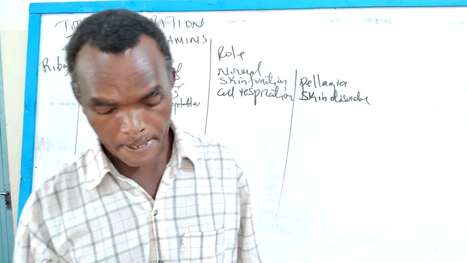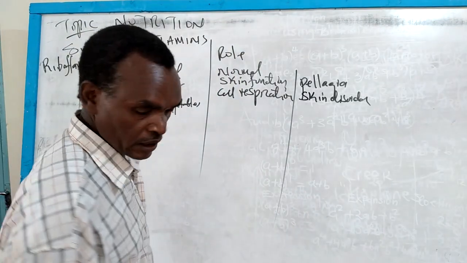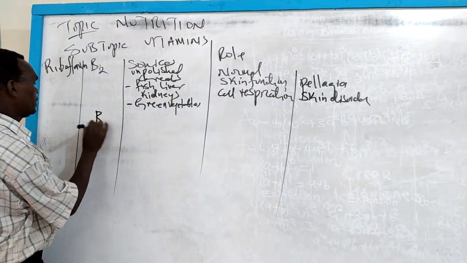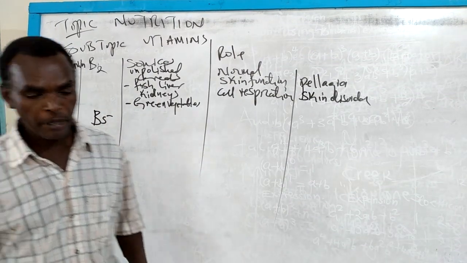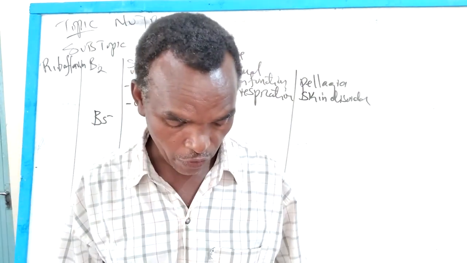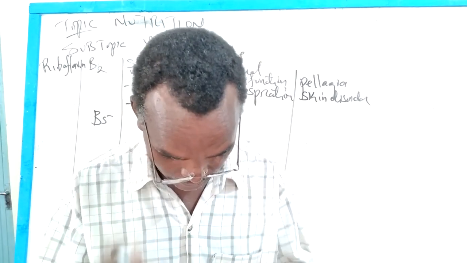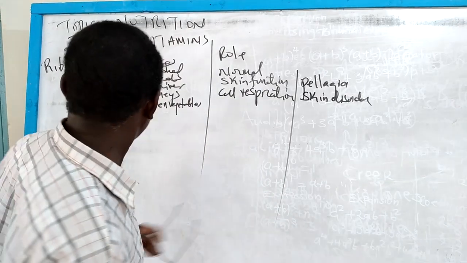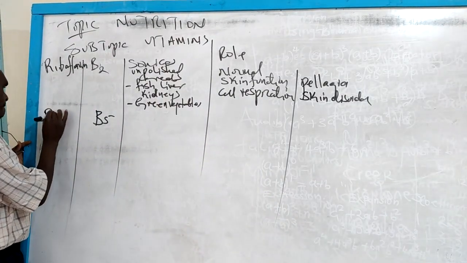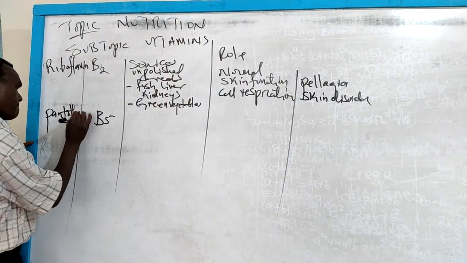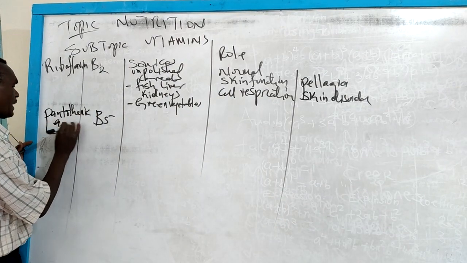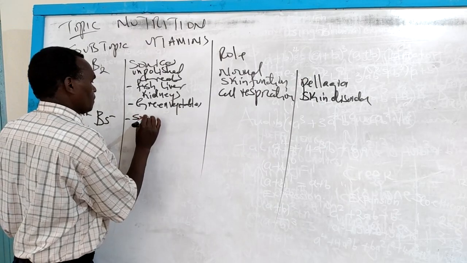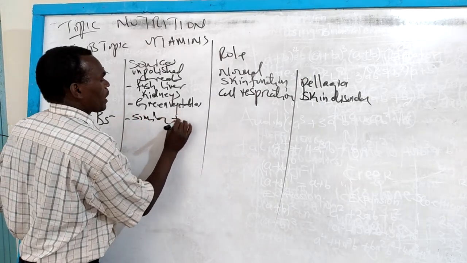We move on to other vitamin B complexes. We have what we call vitamin B5. B5 is also referred to as pantothenic acid. The source is similar to B1.